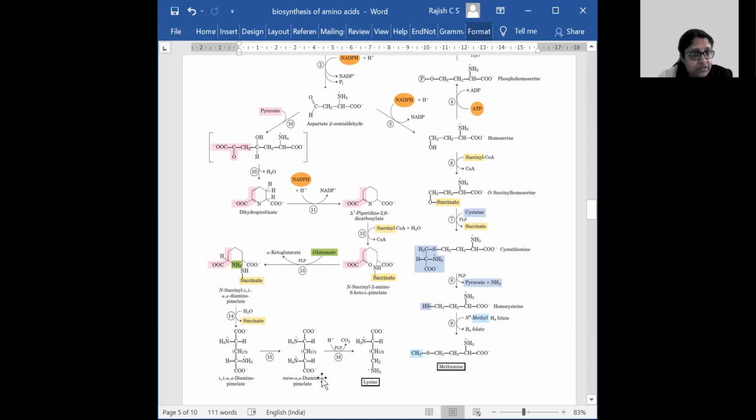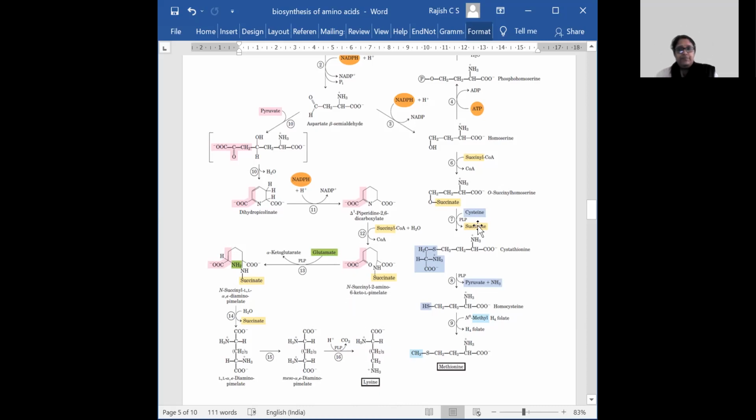This end CO2 is removed. So we will have CH2 over here, NH3, and then the 3 CH2. And then this is the basic structure for any amino acid. So the COO, NH3 and H, and this is the R group for the lysine. So this decarboxylation reaction will lead to the formation of lysine. So that is the biosynthesis of lysine.